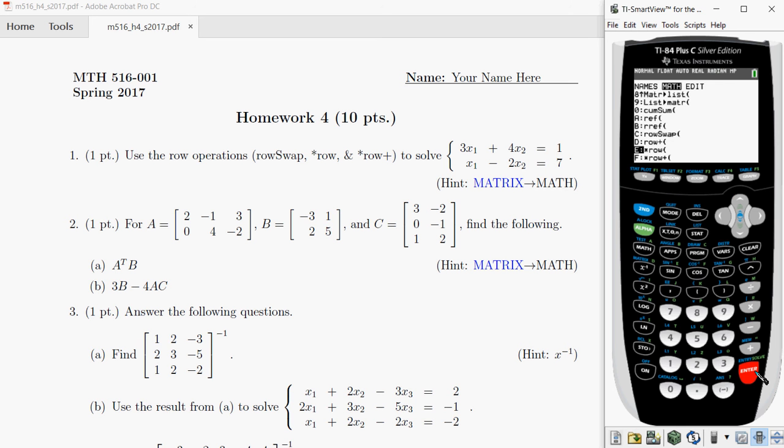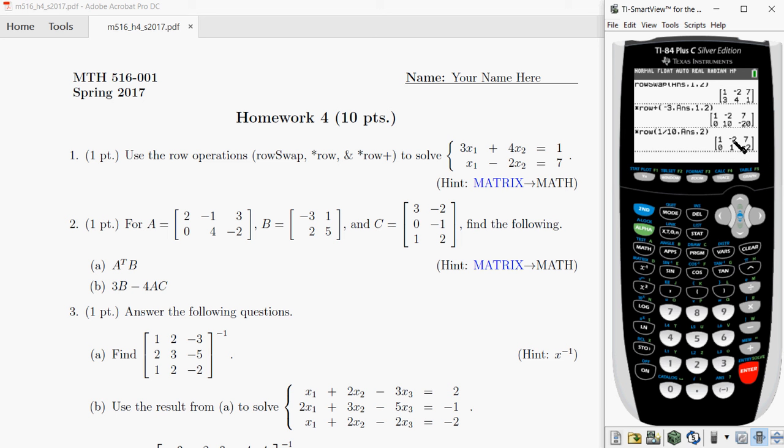I'm going to multiply row 2 by 1/10, so I just do 1 divided by 10, then comma. Then I work on the previous answer, multiply row 2, then hit enter. Now we've got 1 here.